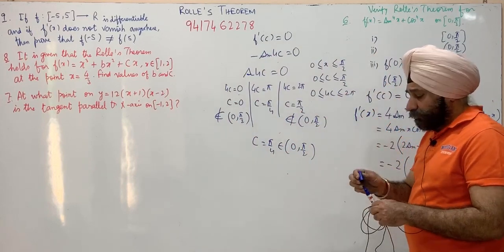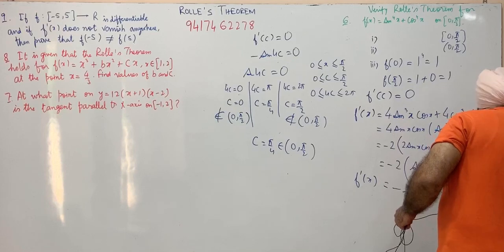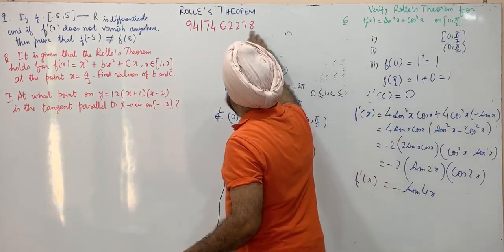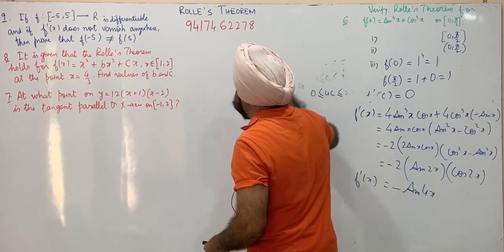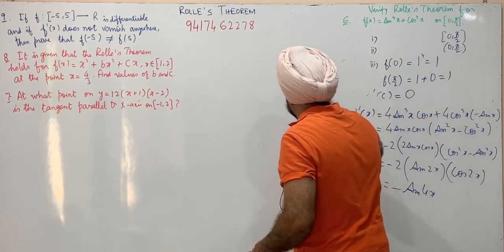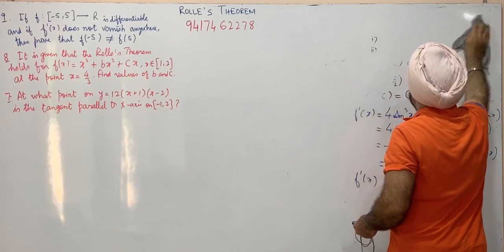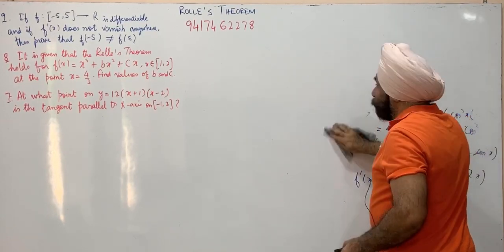The next one, we have to find a point on the curve. The equation of the curve is y equal to 12 into x plus 1 into x minus 2. So we can identify that it's a polynomial function. And what do we know about polynomial functions? That every polynomial is everywhere continuous.